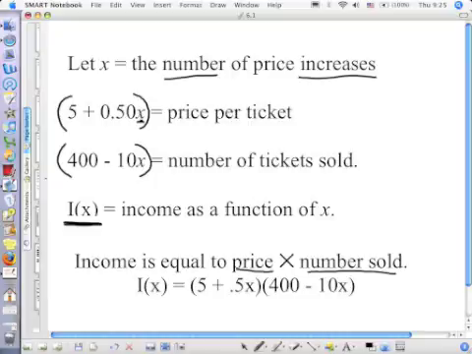The price times how many you sell, right? Charge $5, you sell 10, you made $50. Well, we said here is our price, here is the number sold. So our income is equal to our price times our number sold.